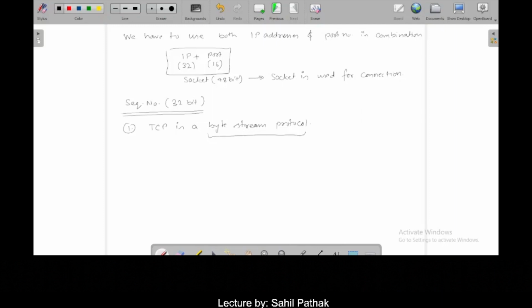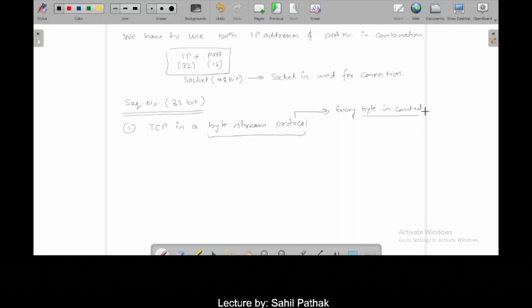What do I mean by byte stream protocol? Every byte is counted. That is, whatever byte appears from the application layer to the transport layer, we put a number on it. That is what is meant by byte is counted.